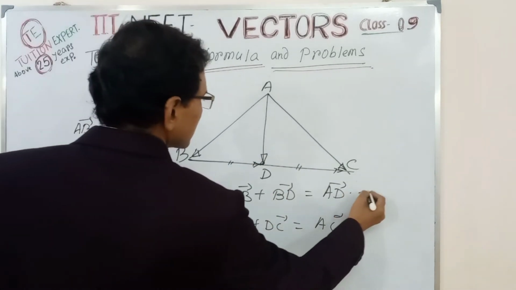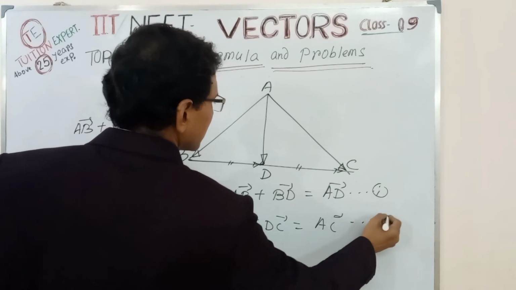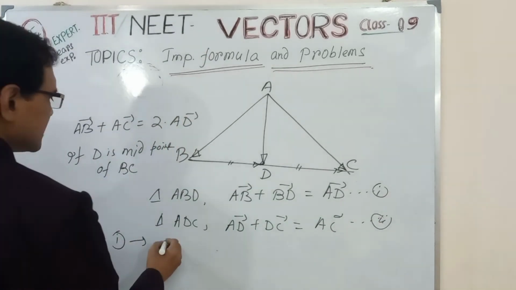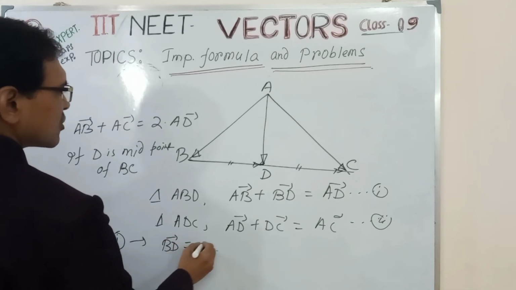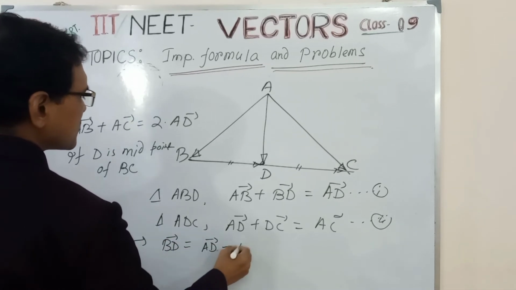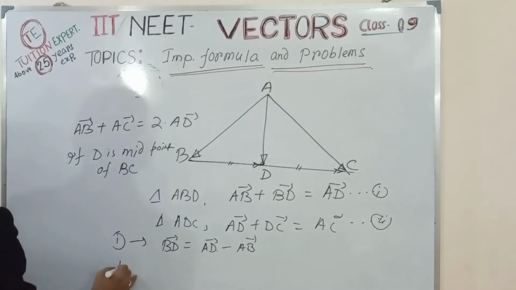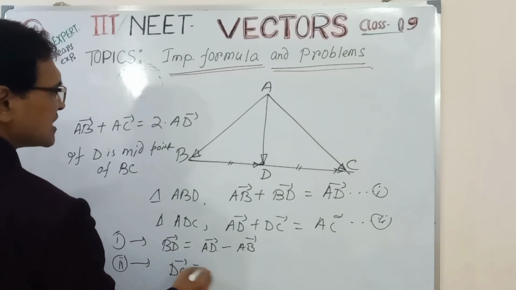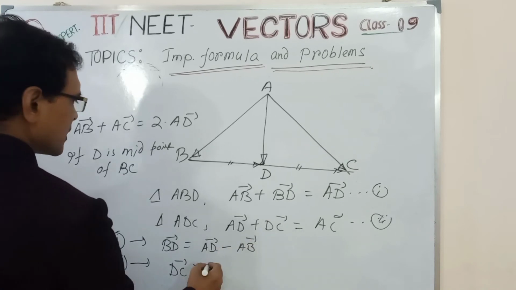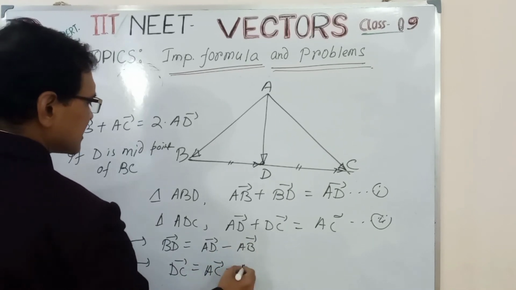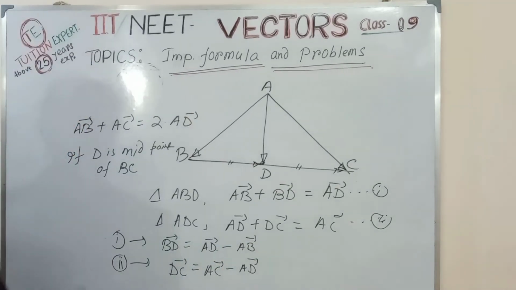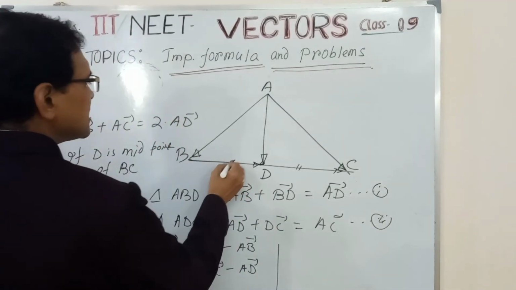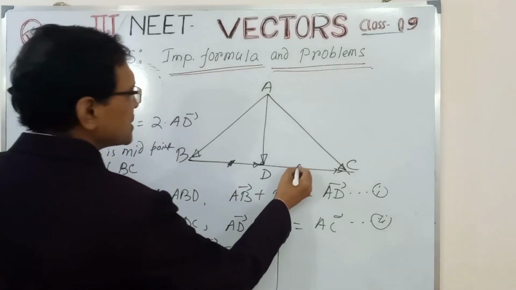So from one we get BD vector equal to AD minus AB, and from two, DC equal to AC minus AD.